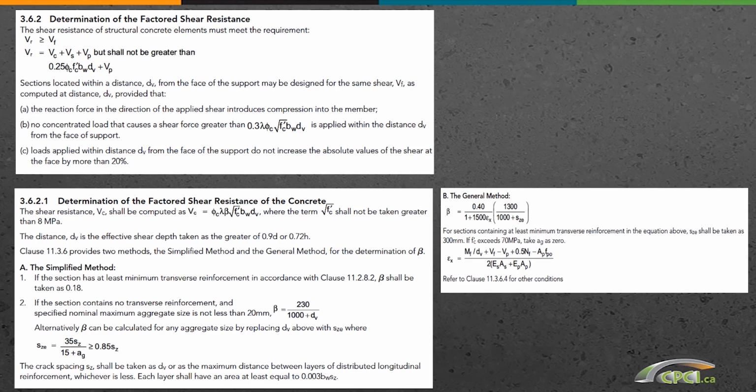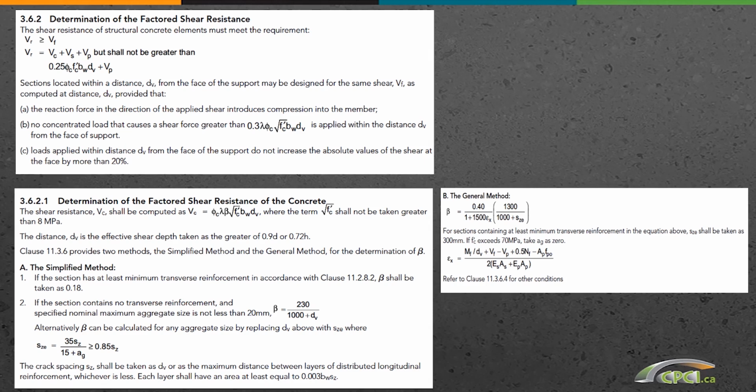Either, if we have some minimum transverse reinforcement in the section, we can have beta equal to 0.18. If we don't have that particular reinforcement, then beta in the simplified method can be calculated using this formula, where d sub v is the depth, the concrete depth of section in shear. And beta can be calculated by the aggregate size by replacing dV with SCE, and AG here is the aggregate size, and SCE is essentially the crack spacing.